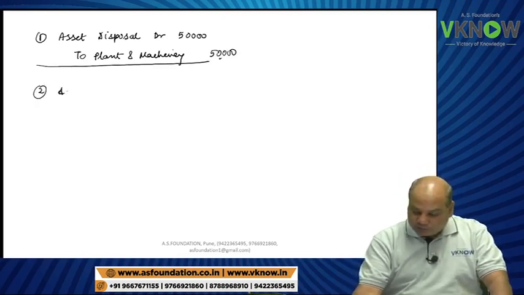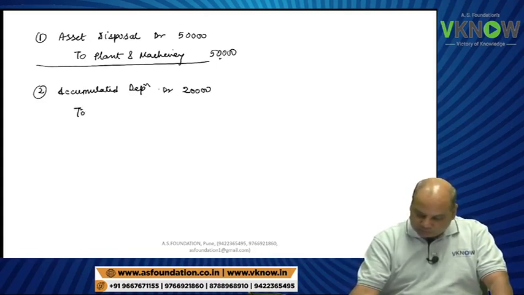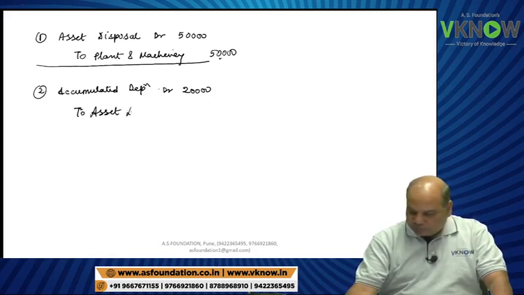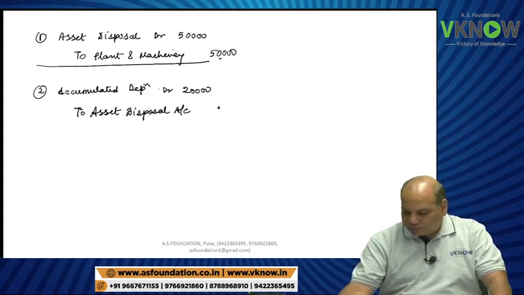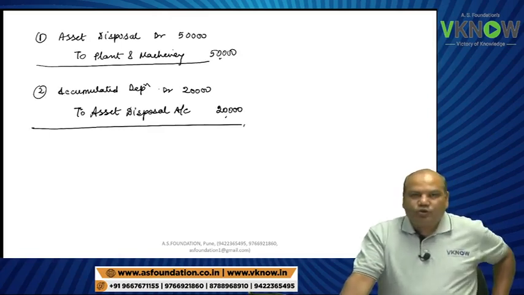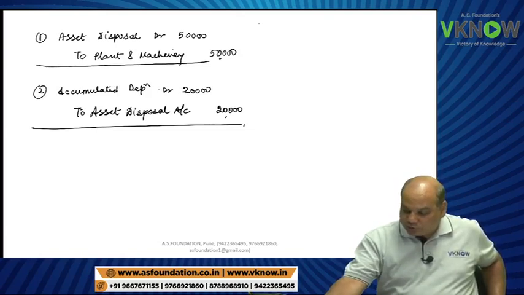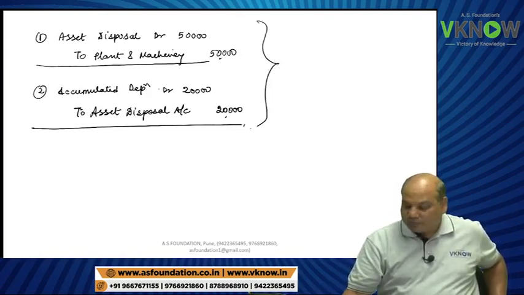Second entry would be accumulated depreciation account debit 20,000 to asset disposal account 20,000. So give the effect of these two entries.